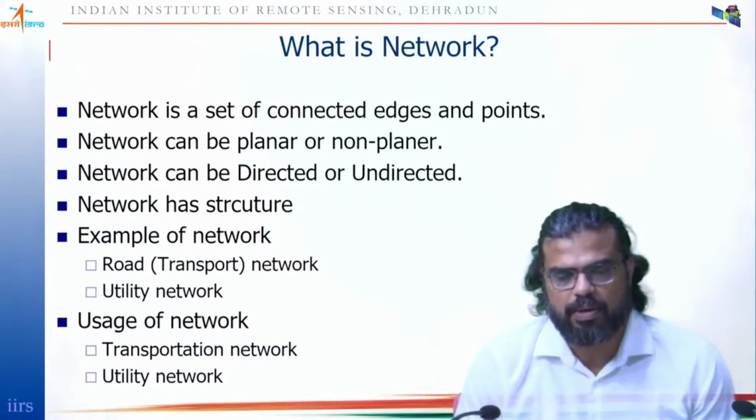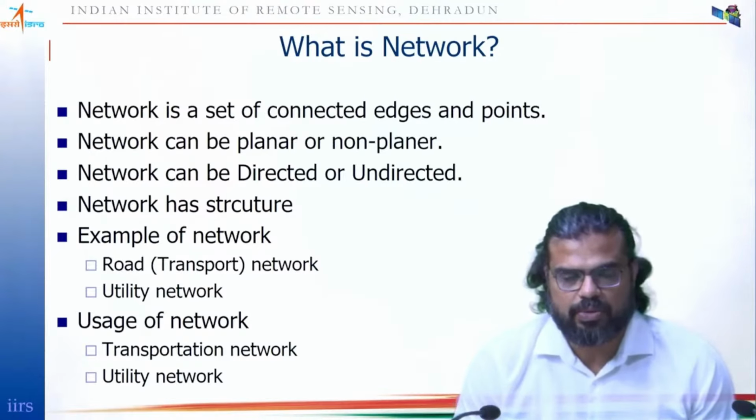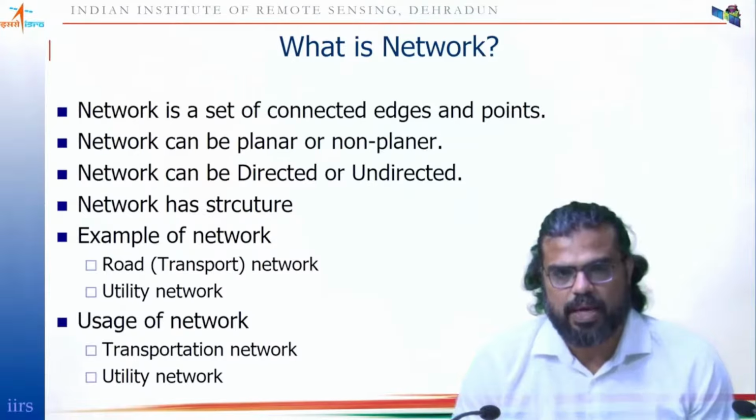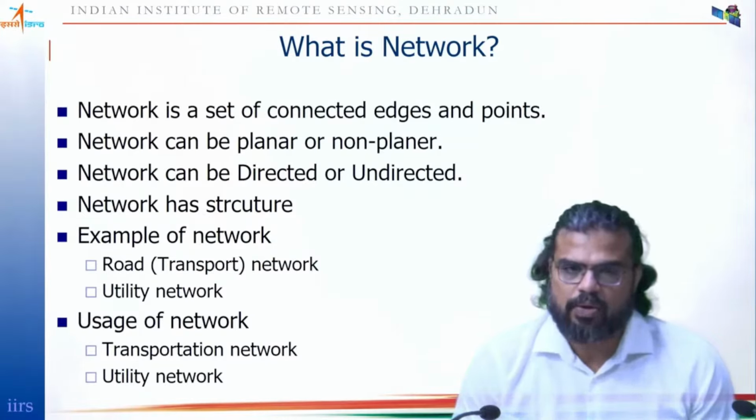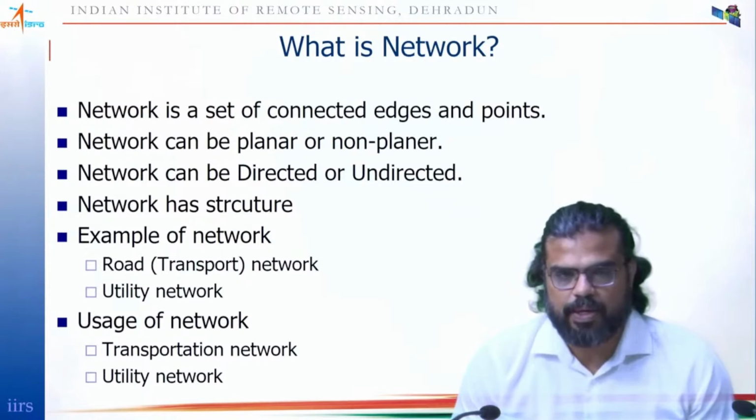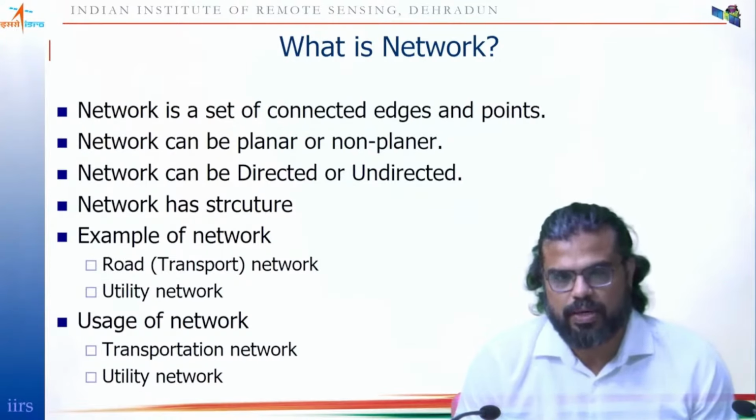So it means there can be multiple applications, but the idea of representation of the networks is the same, that it is going to have certain points, and those points are connected through edges. Then a network can also be planar or non-planar. This is very unique in terms of navigation systems, because certain networks can be non-planar.